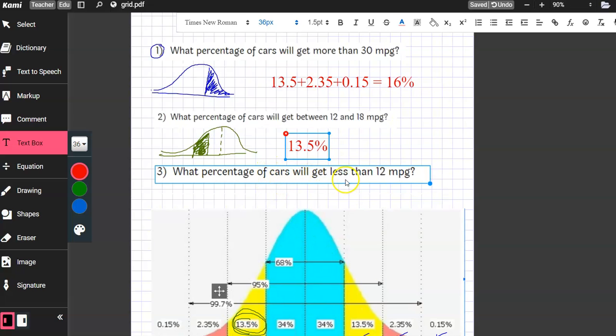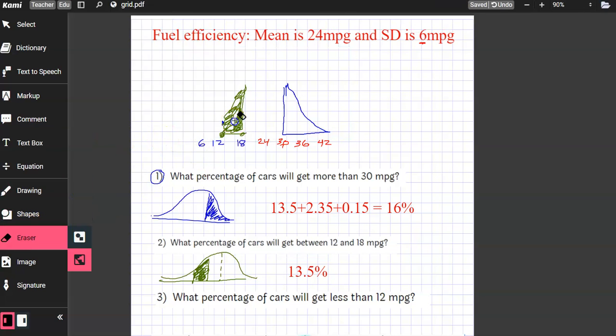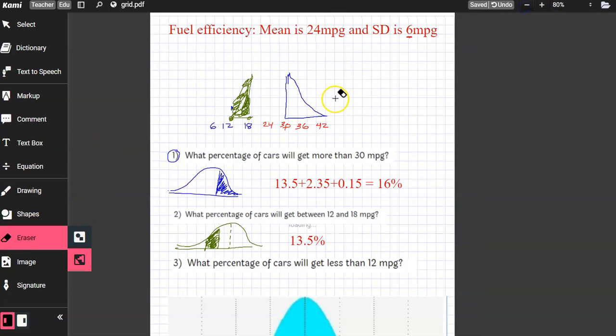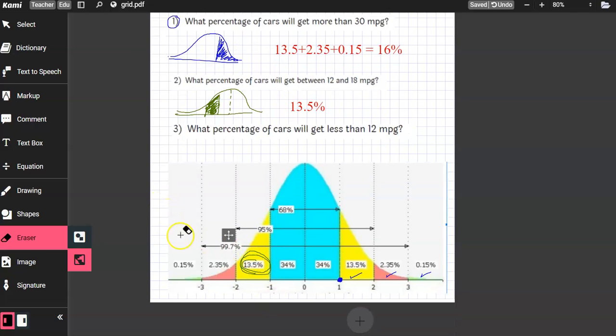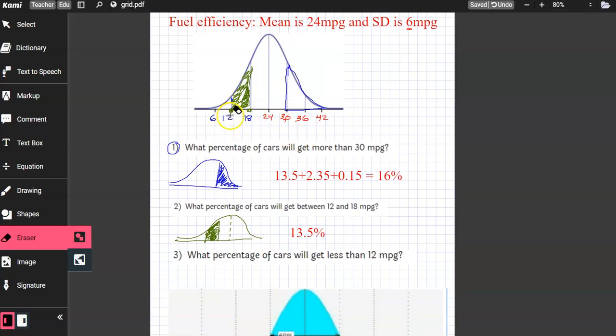Okay, what percentage of the cars will get less than 12 mpg? Less than 12. So less than 12 is from the second standard deviation and below.